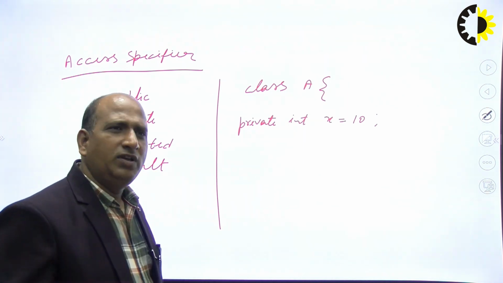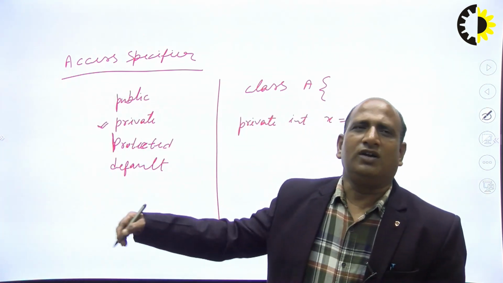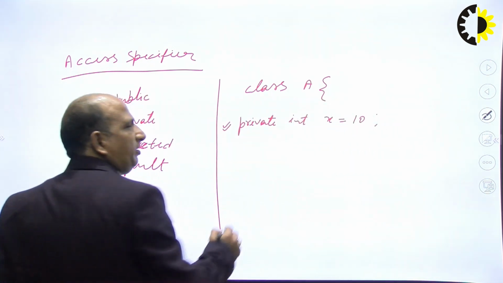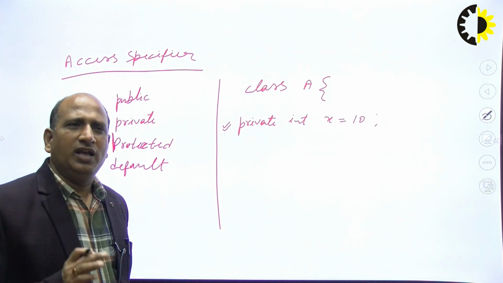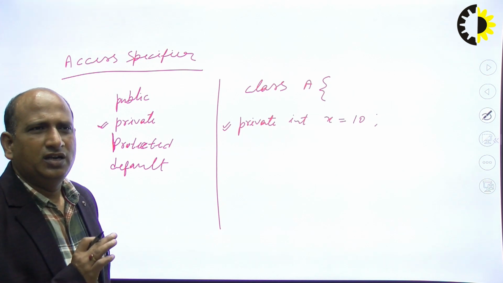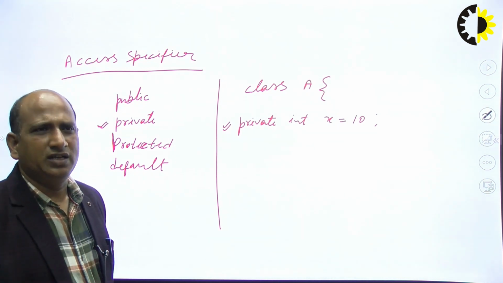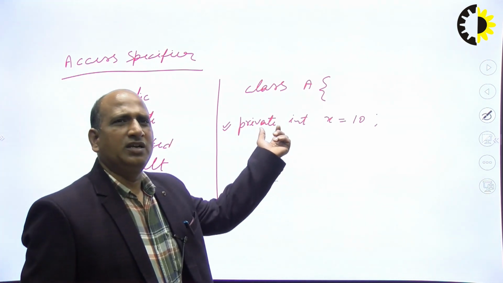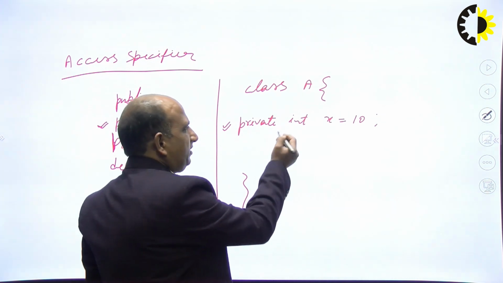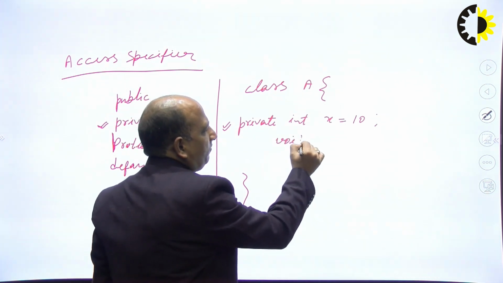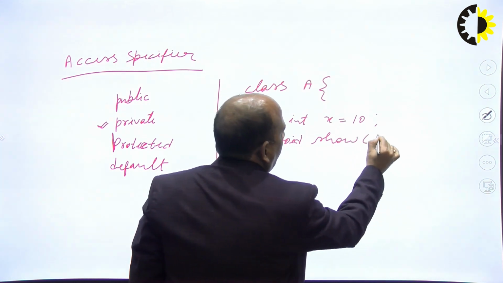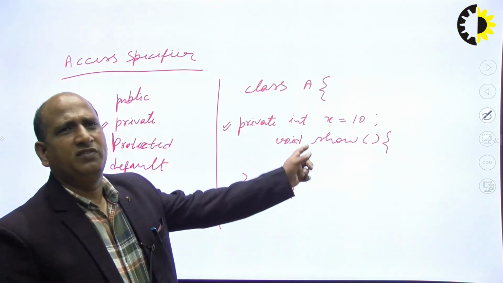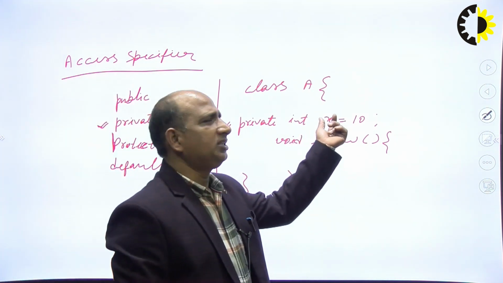So if we mention any of these, what will happen? We have to understand. Private means the member that is private will be accessed within the class only. It will not be accessed outside the class. We have a function void show within this class, and since this function is a member of this class itself, it can access this private member.